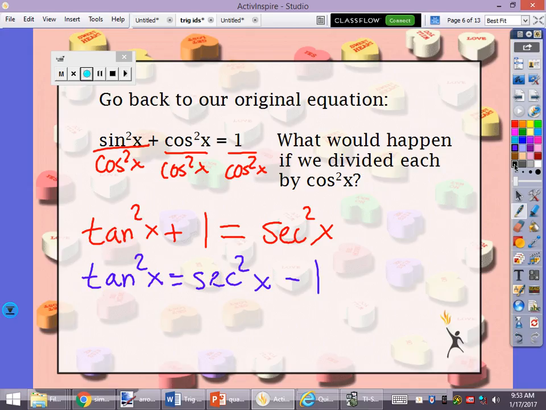Okay, let's manipulate it one more time. 1 is equal to secant squared x, what? Minus tangent squared x. You have now developed all 9 of the key trig identities. Three of the 9 will be given to you. The manipulations will not be.